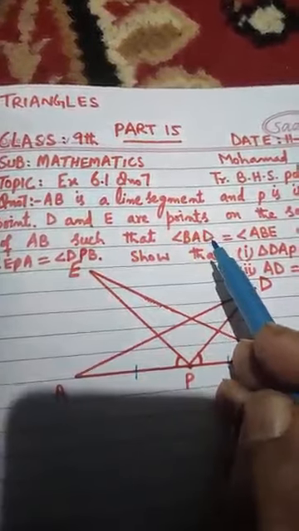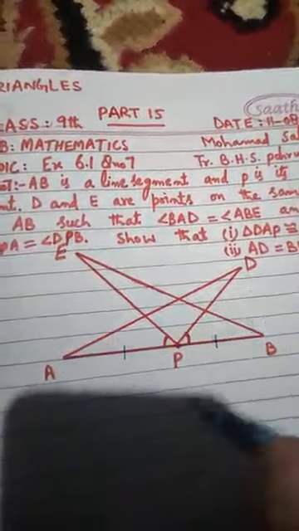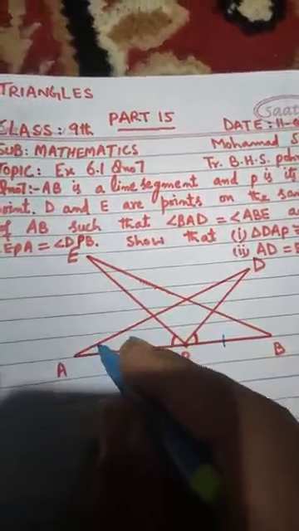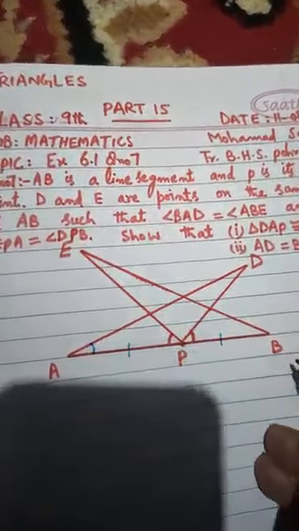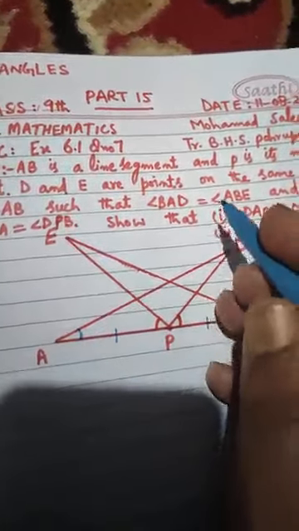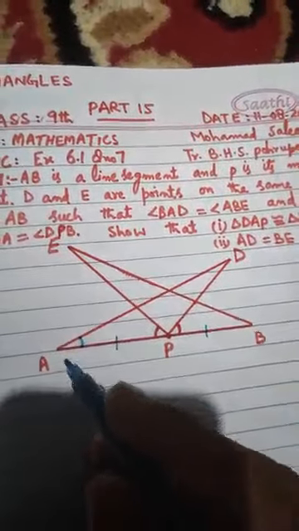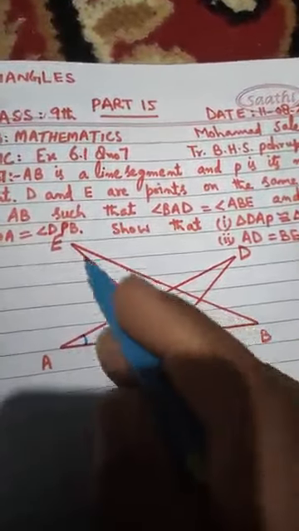angle BAD, where is angle BAD? Yes, this angle, angle BAD, is equal to angle ABE. Why ABE?